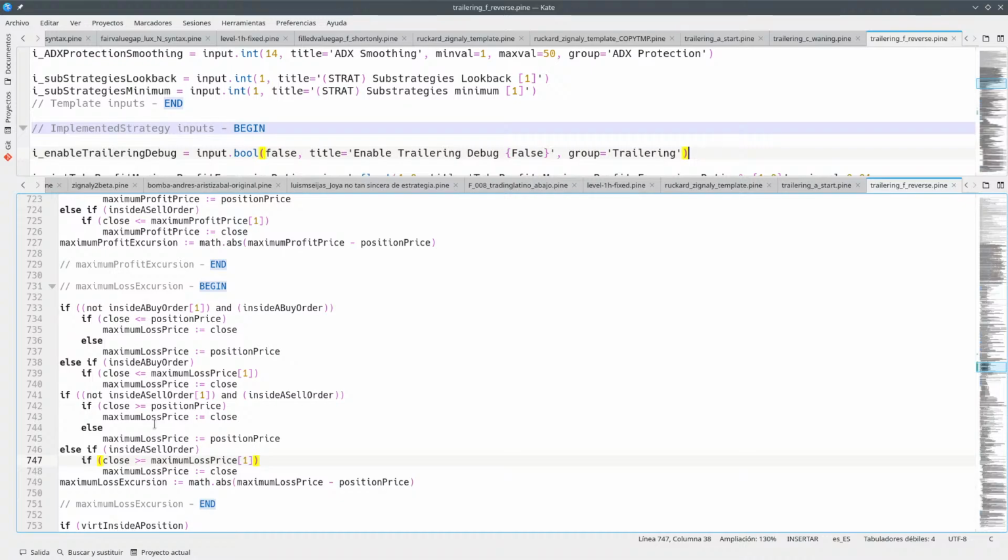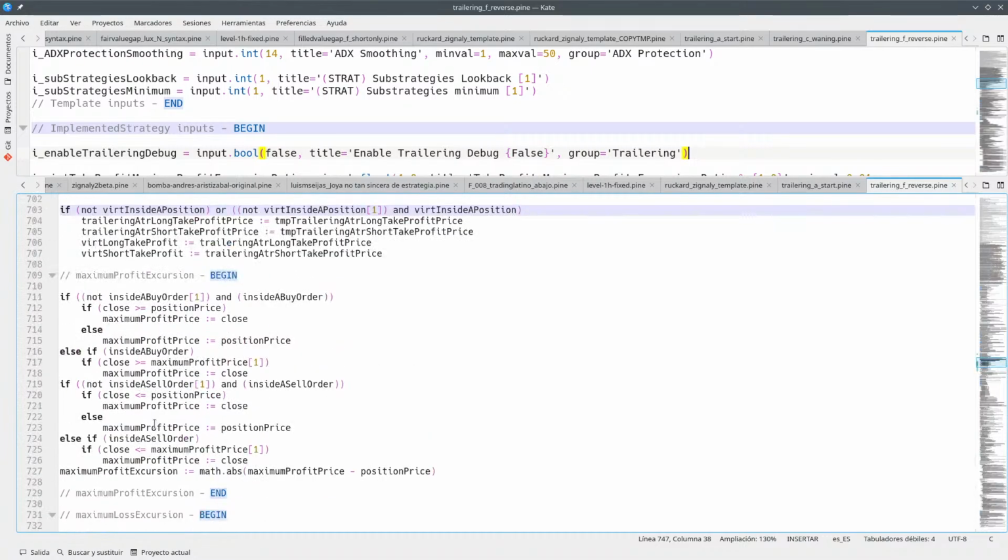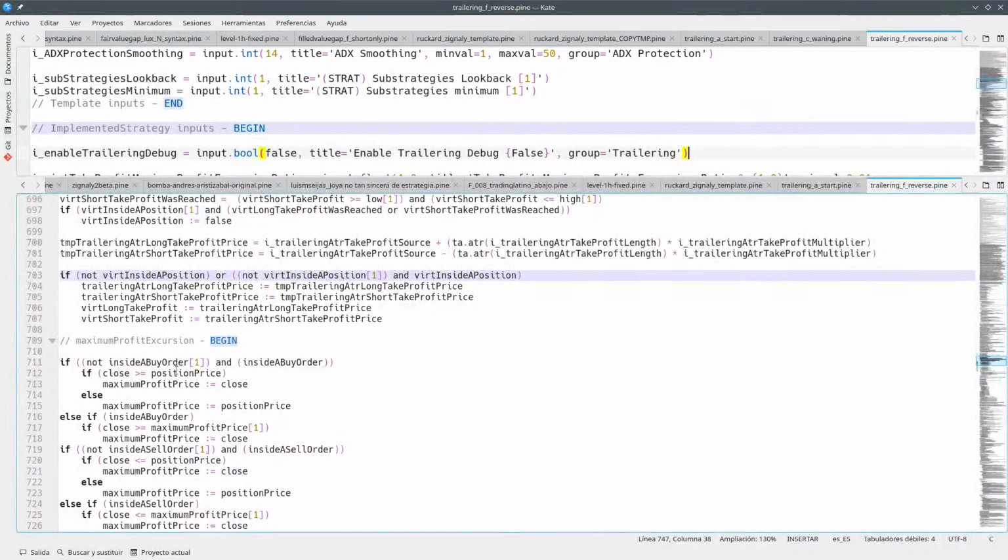We have some variables which probably should be virtual variables. So first of all, this thing about being inside a position or not, it's this thing here. So let's just use it. Okay, so you are not, and then you are.